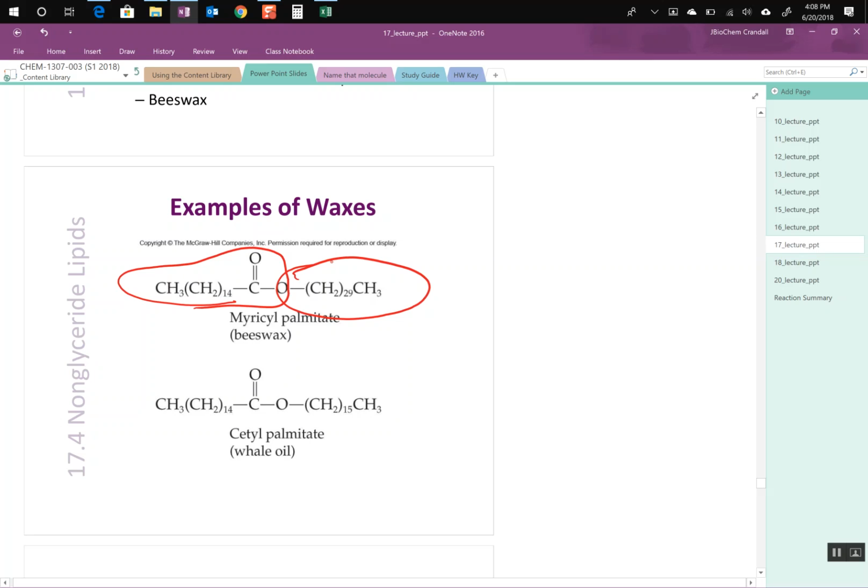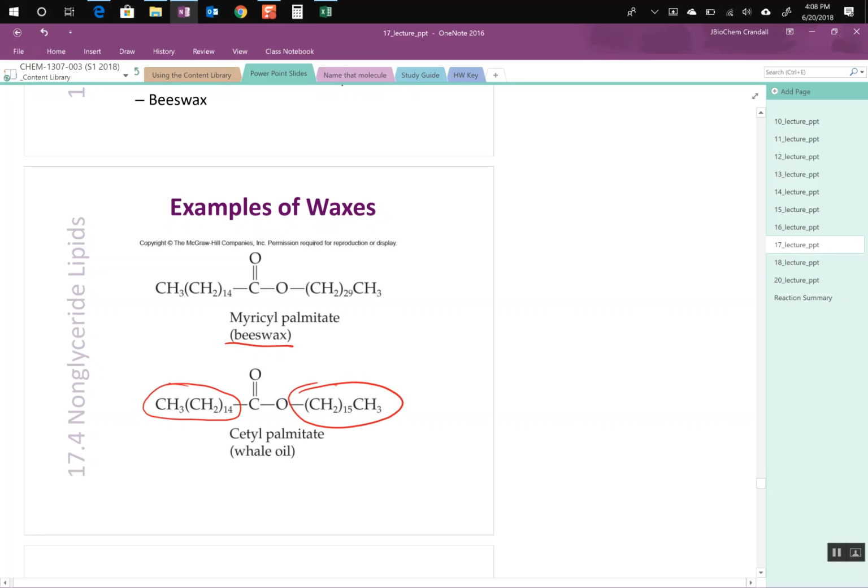This one right here is beeswax. That's your beeswax molecule. Here's a whale oil, which is a waxy thing as well. So 16 carbons on both sides of the ester group.